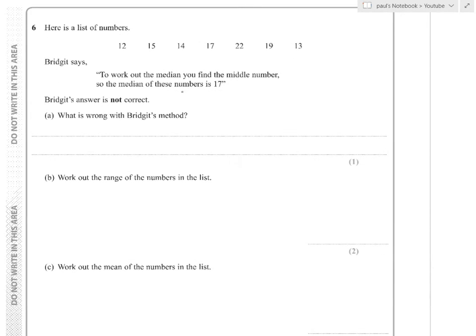List of numbers. To work out the median, you find the middle number. So the middle of these is 17. No, you've got to put them in ascending order first. Shall we work it out?